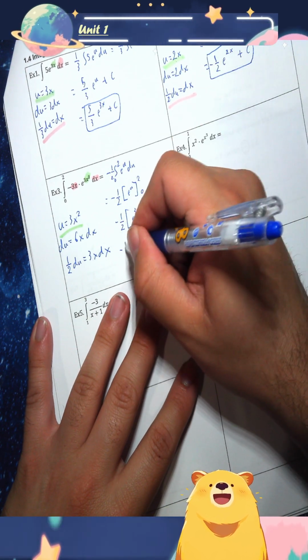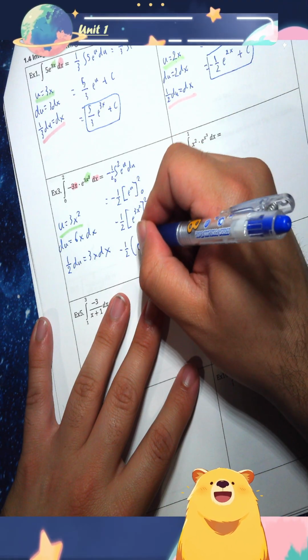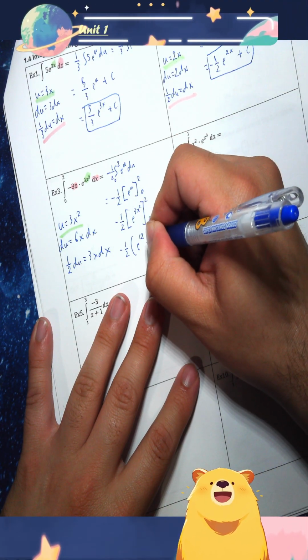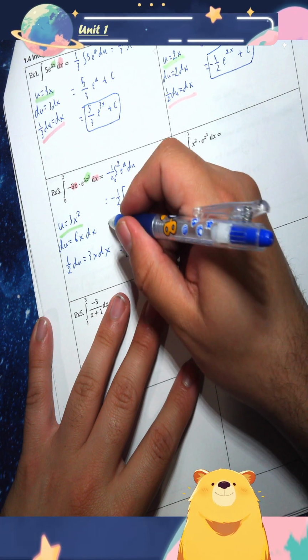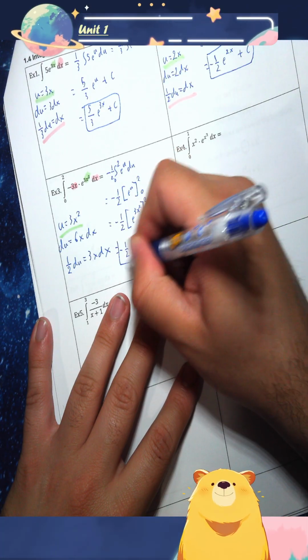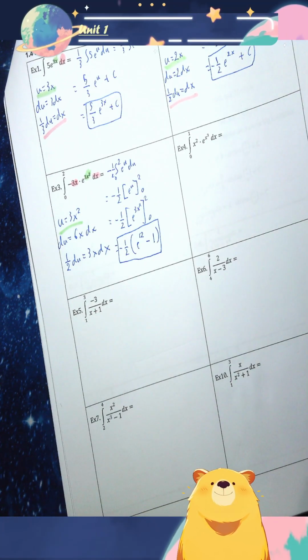So putting the 2 in, that'll be e to the 12, and then minus e to the 0, which is just a 1. And that would be your answer.